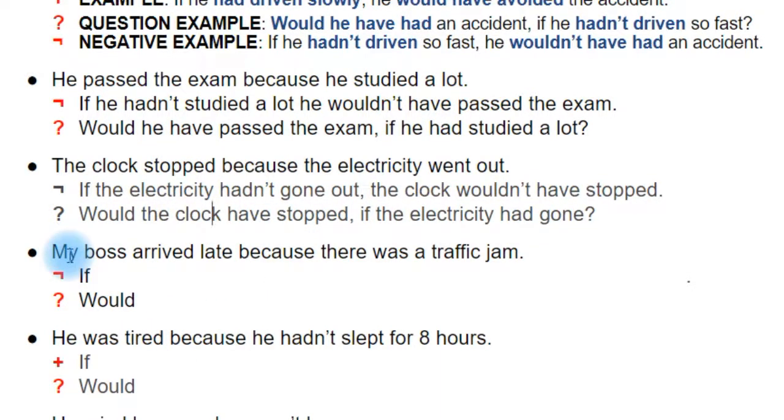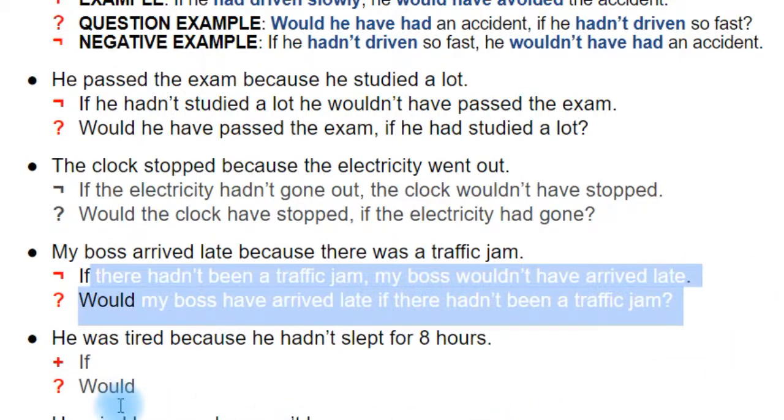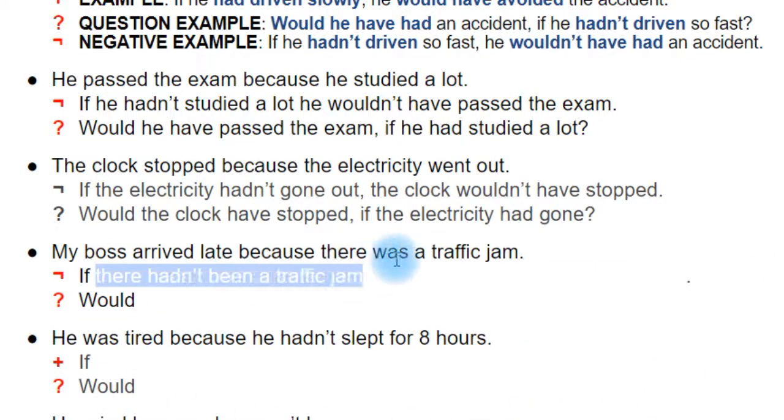Now, my boss arrived late because there was a traffic jam. There was. I have to transfer to the past perfect. Okay, so if there hadn't been a traffic jam, my boss wouldn't have arrived, okay, late.